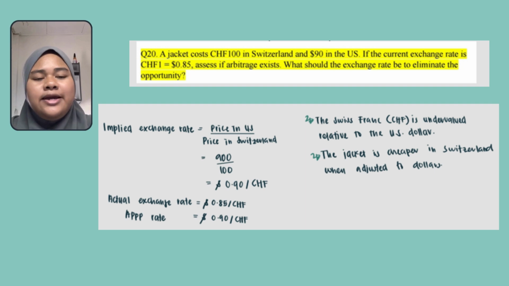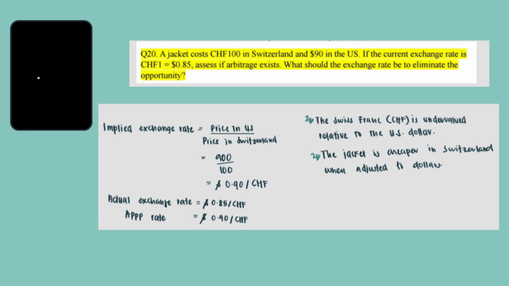From that, he gets a profit of 90 USD minus 85 USD, which is 5 USD. Because the actual exchange rate differs from the rate suggested by APPP and an arbitrage opportunity exists, the exchange rate would need to rise to USD 0.90 per CHF to eliminate the profit incentive and restore parity.